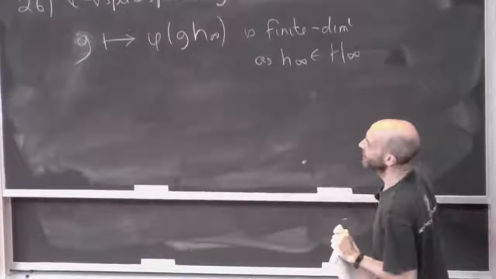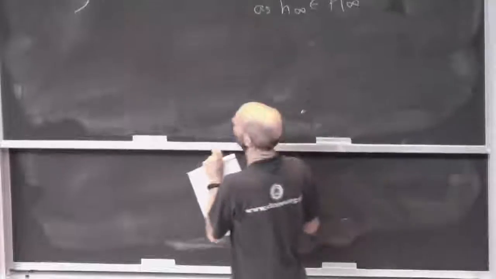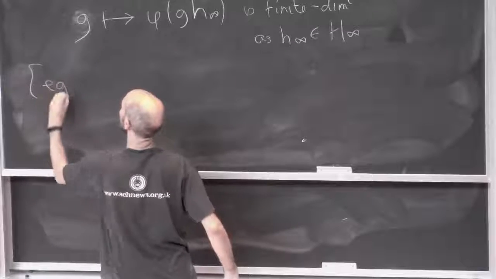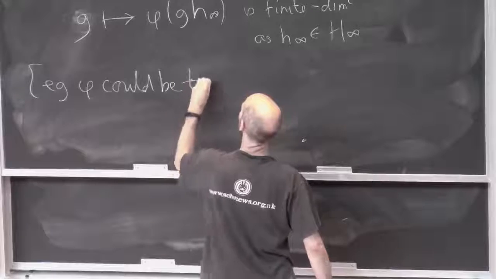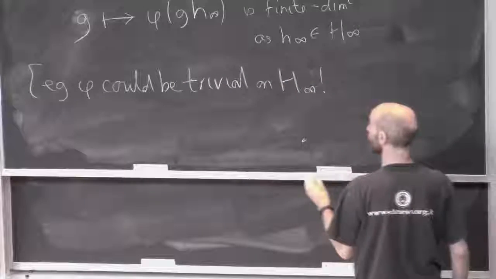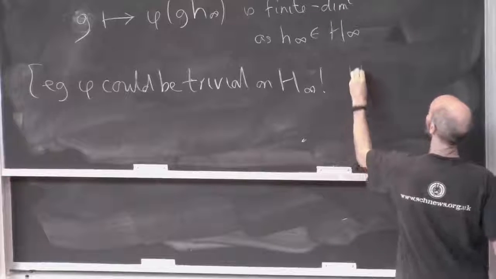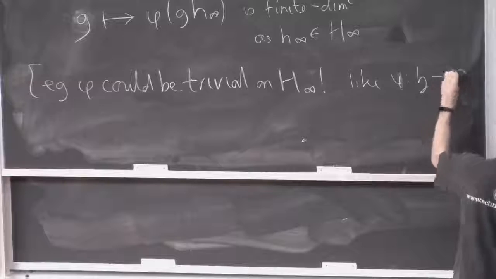So at infinity, here's an example: phi could be trivial on H_infinity, like modular forms, like some functions from the upper half plane to the complexes.